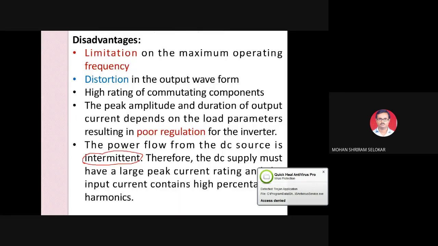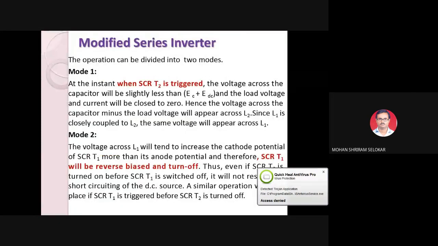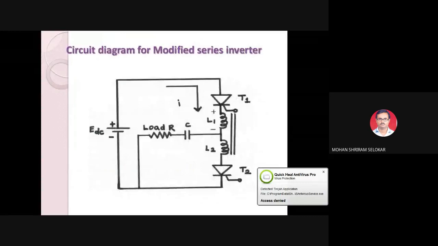Supply current is present when SCR1 is on and absent when SCR2 is on, so the battery acts intermittently. That's why we have to go for the circuit called the modified series inverter. So I asked you to draw this.